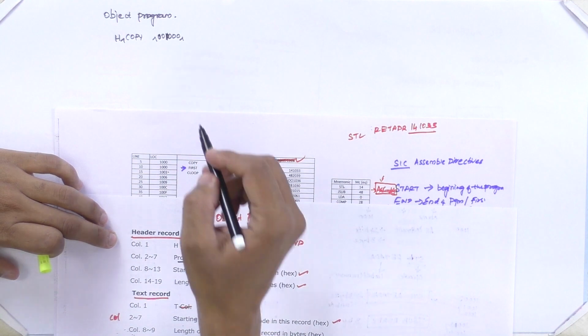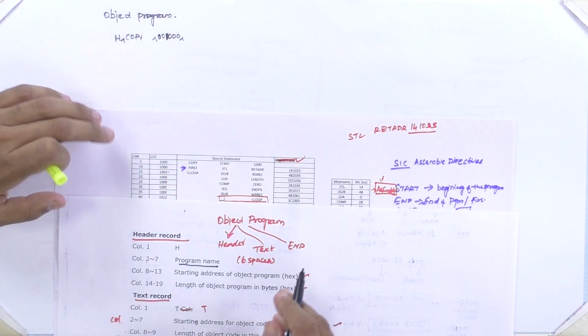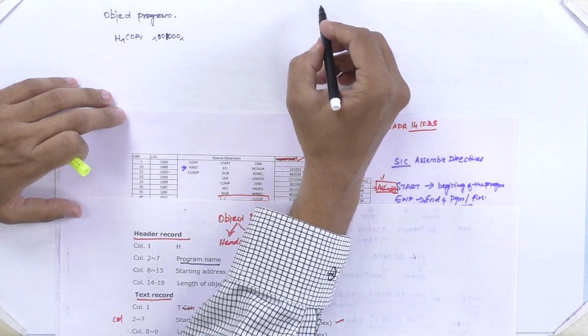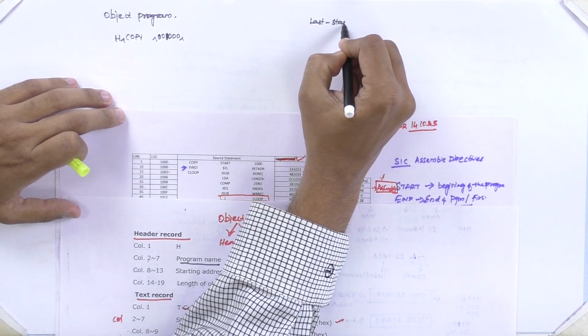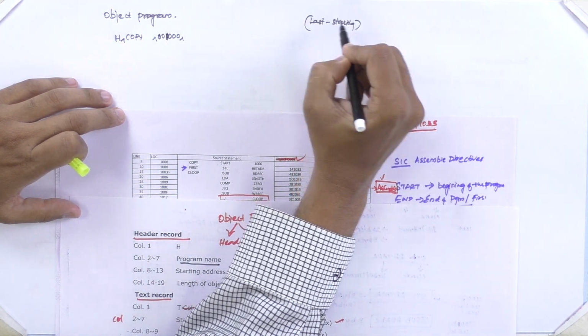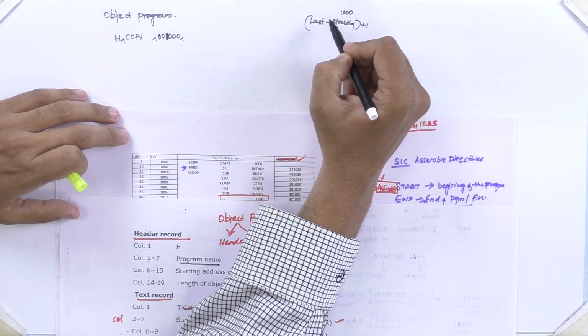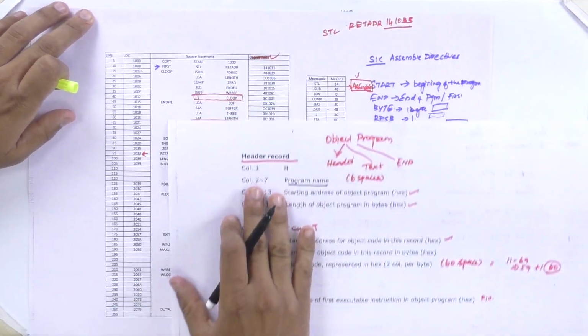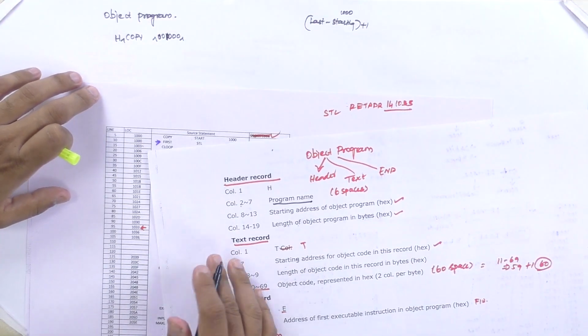The next, length of the program. See, length of the program can be calculated like this. The length of the program is last address minus starting address plus 1, because we start our program from 0th location. So the last instruction has occupied till 2079.